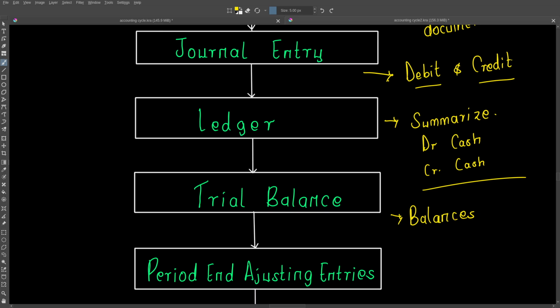We are saying, for example, as at 31st December 2025, this is the cash balance in the cash account. So the trial balance gives us the balances as at a particular point in time.